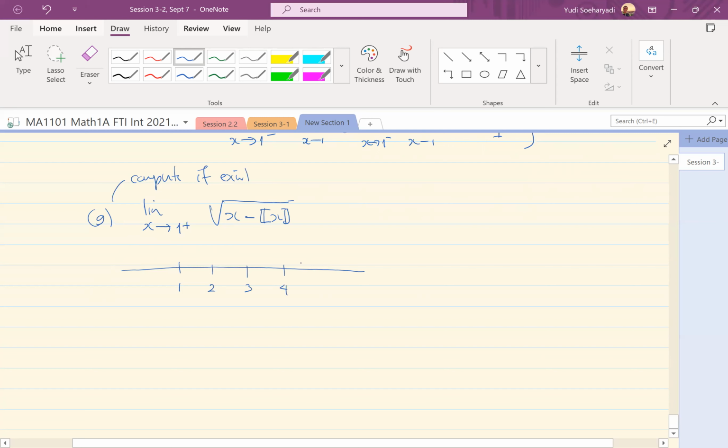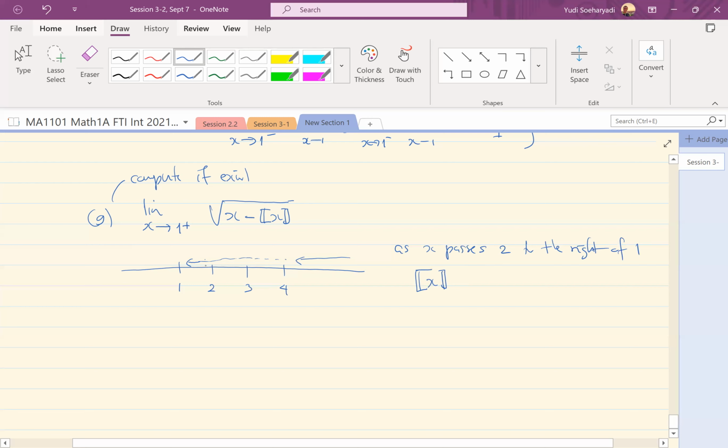As x passes 2 to the right of 1, what happened to this one?